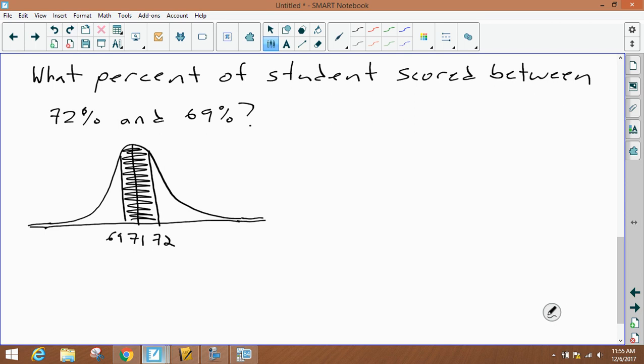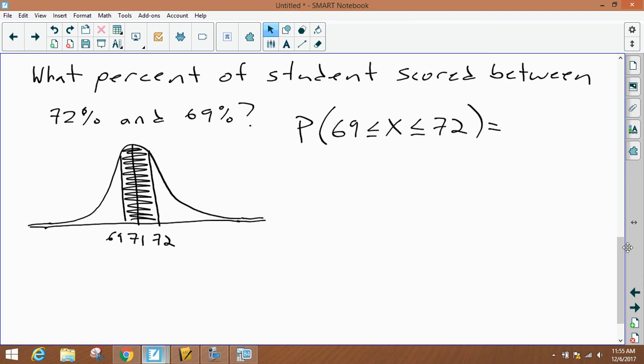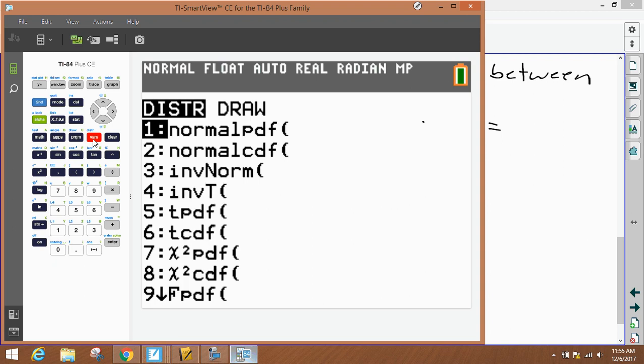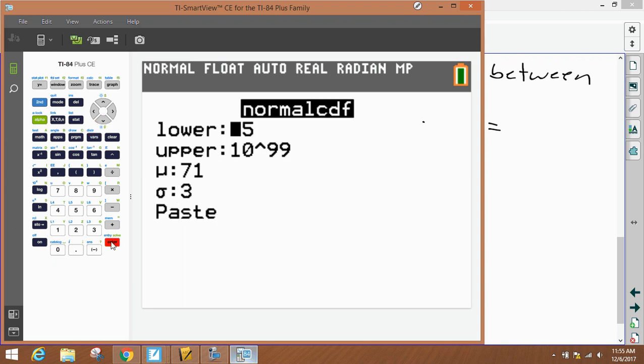All right. Let's go ahead and go to our handy dandy calculator. We're looking for the probability that x is between 69 and 72. We'll hit second, bars, we'll go to normal CDF.